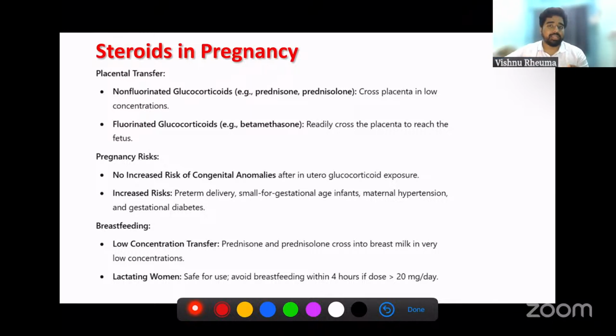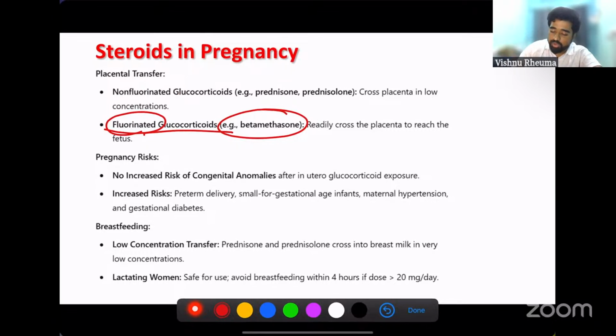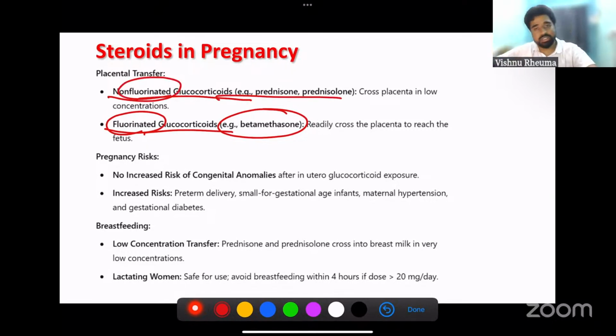When the child has a heart block, you want the drug to transfer across the placenta into the child. So in those cases, you give fluorinated glucocorticoids like betamethasone and dexamethasone, which will cross the placenta. If you want to treat the mother, you want the drug to not cross the placenta, that is non-fluorinated glucocorticoids, prednisone, etc. These are used for mother treatment, while the others are used for neonatal treatment.